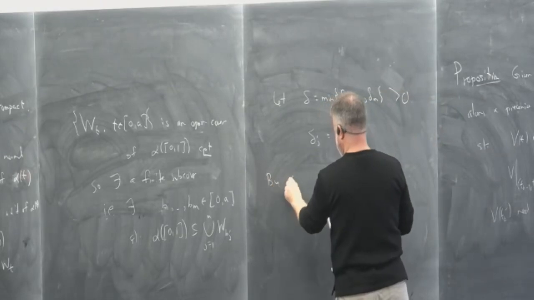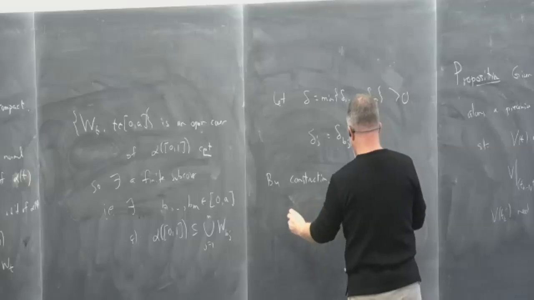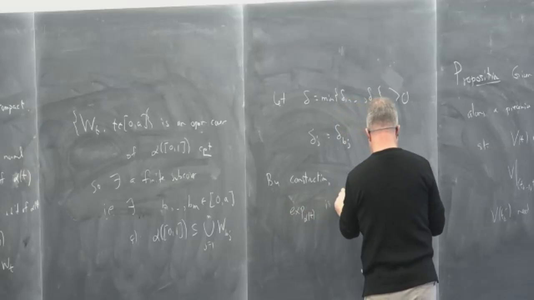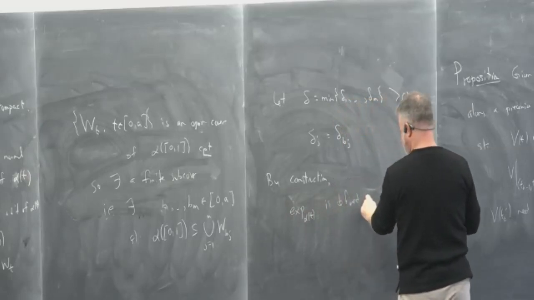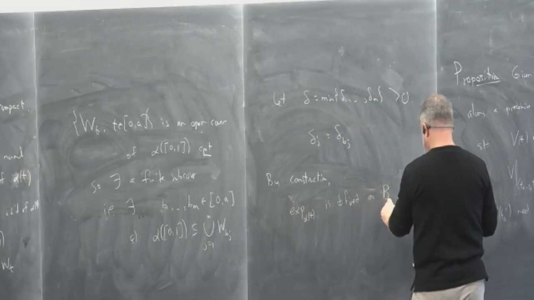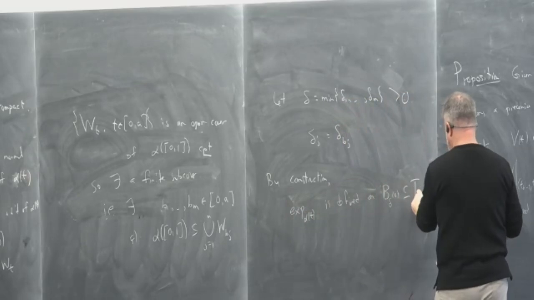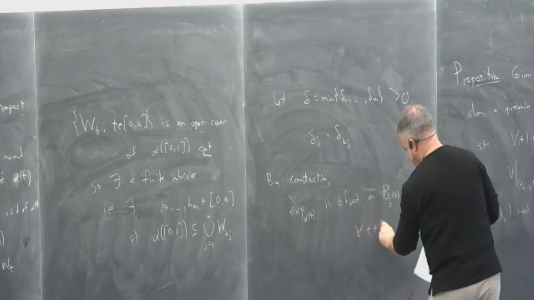So by construction, exp at alpha of t is defined on B_delta(0) contained in T_{alpha(t)}M for all t in [0, A].